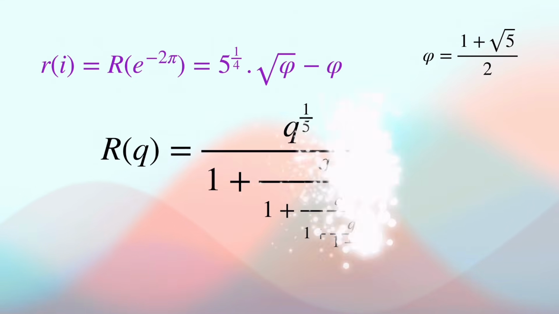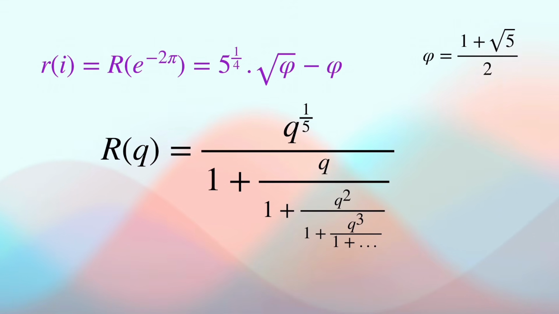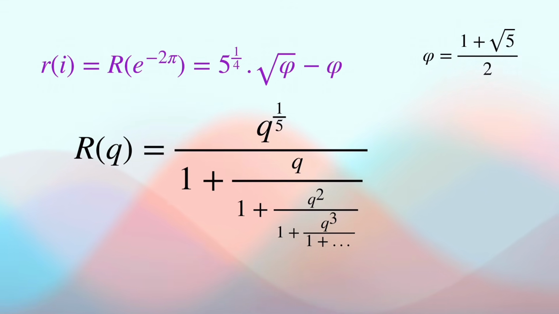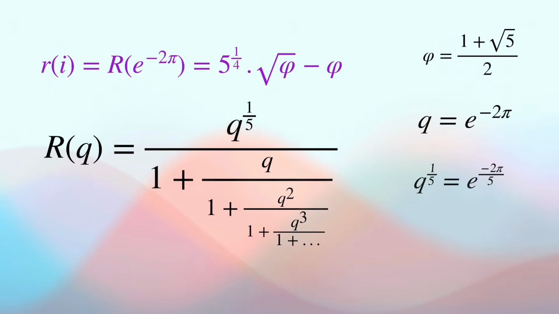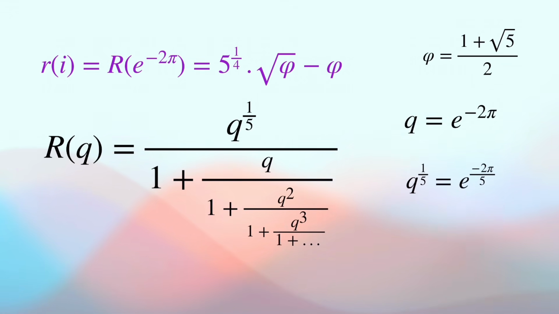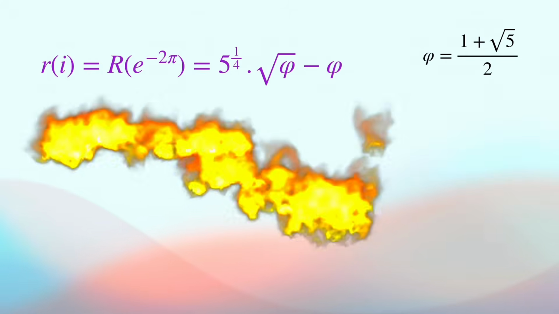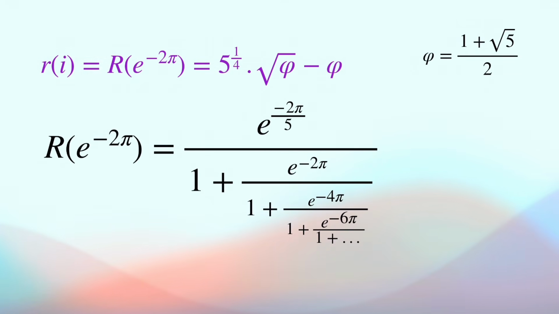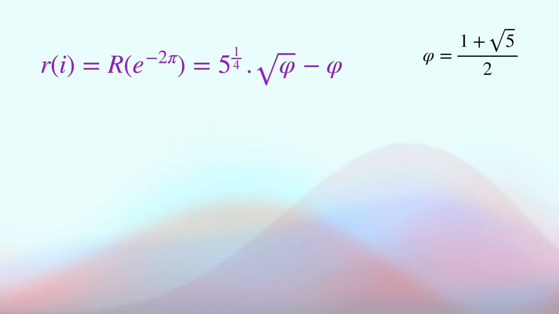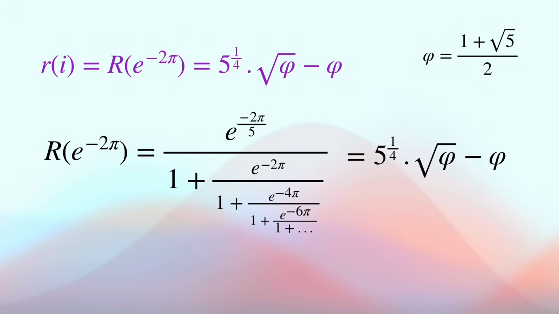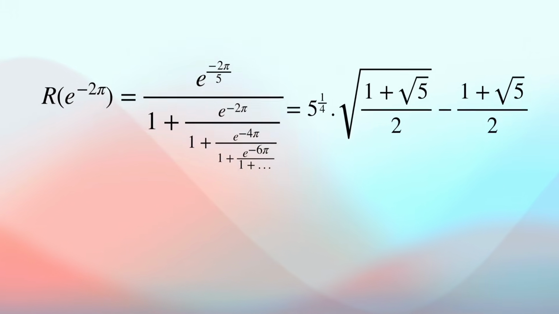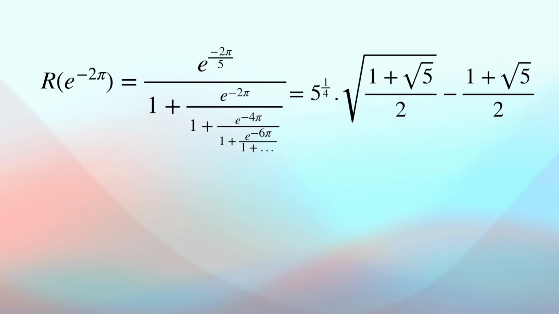And just to see the true algebraic nature of this, and how very strange this expression is, in our continued fraction, we get the expression to look like this, with transcendental inputs. But its value, that Ramanujan was able to show, is equal to the fourth root of 5 times the square root of phi minus phi, which is this value if you write everything out.